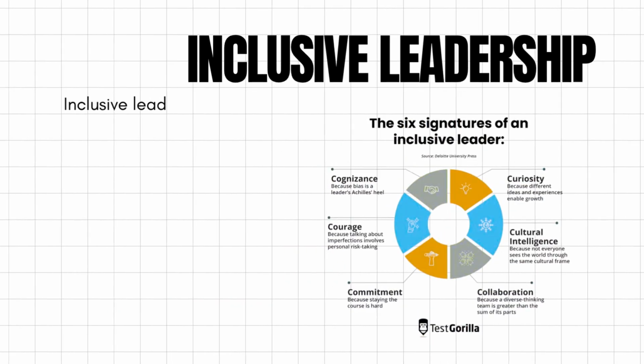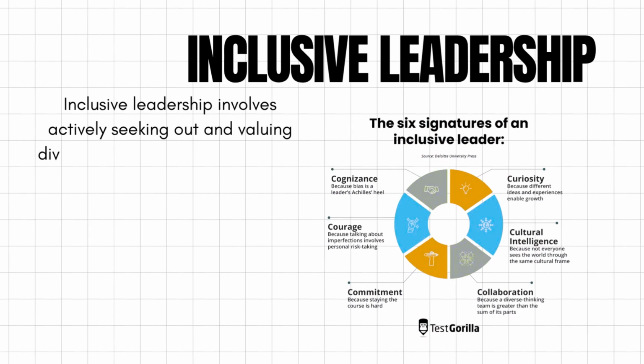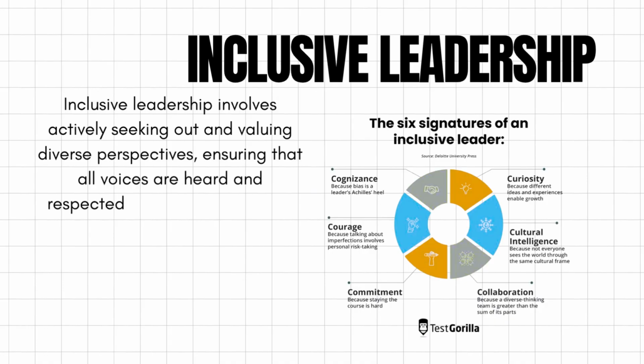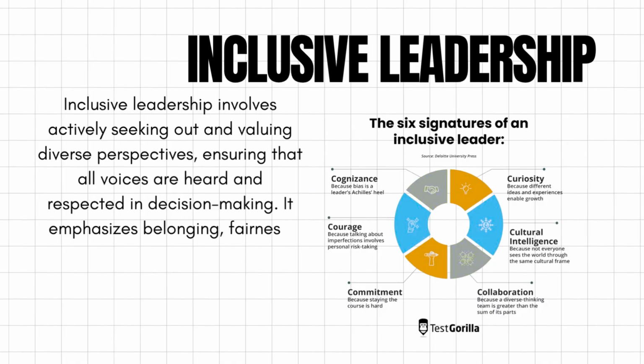Inclusive leadership. Inclusive leadership involves actively seeking out and valuing diverse perspectives, ensuring that all voices are heard and respected in decision-making. It emphasizes belonging, fairness, and psychological safety as the drivers of team performance. Inclusive leaders are aware of their own biases and the dynamics of diversity.